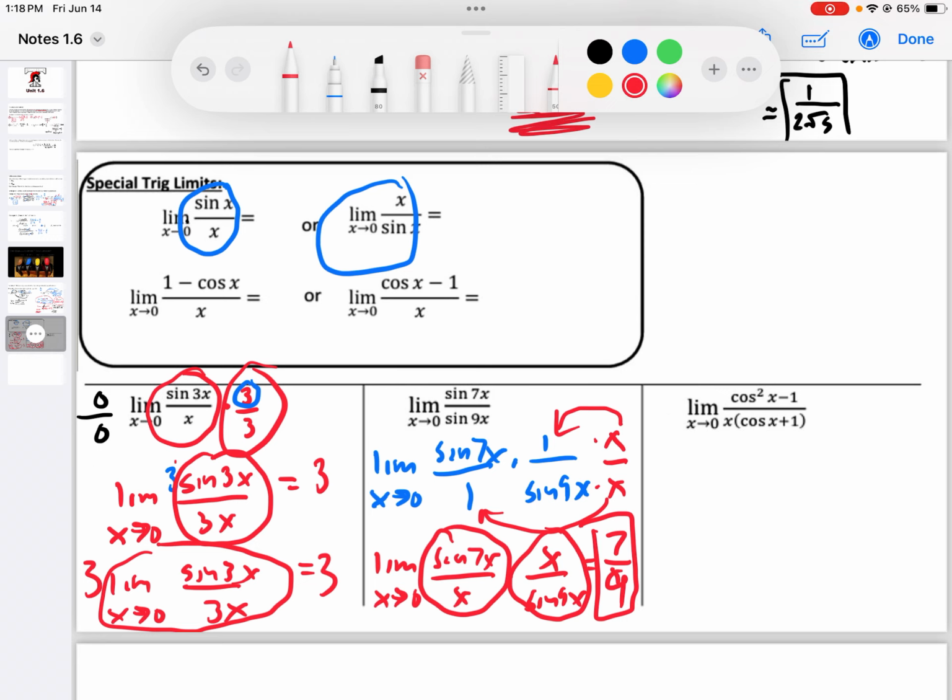All right, last one. I'm thinking this is going to look something like this right here. Maybe, I don't know. If I plug in 0, though, the cosine of 0 is 1, so I get an indeterminate form, and then on the bottom it's 0. So it's an indeterminate form, and I can't just plug in 0. But I might notice here that I can rewrite that, because that's the difference of two squares.